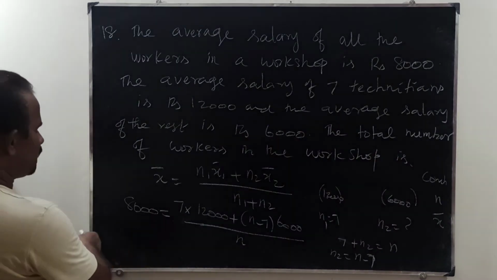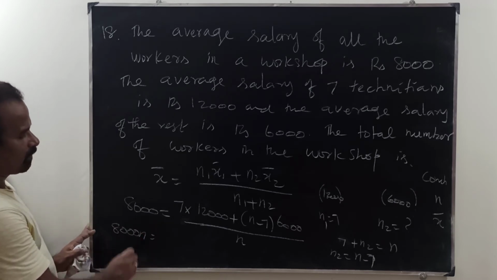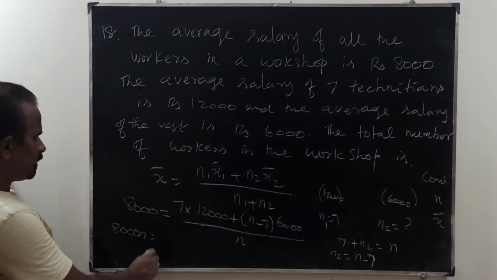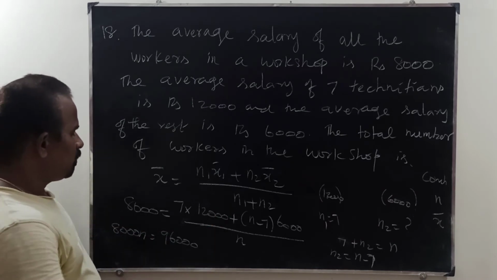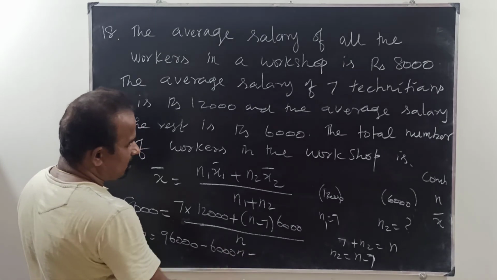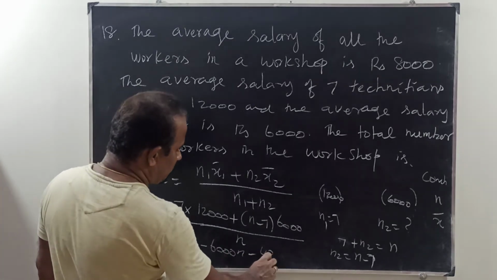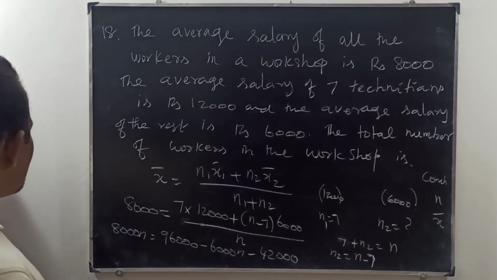If you simplify it, this is 8,000 n equals 7 into 12,000, which is 84,000, plus 6,000 n minus 42,000.